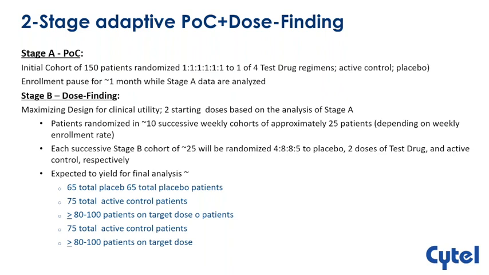And then the enrollment was paused for a month while we analyzed that stage 1 data. And then the second stage was the maximizing design. There were 10 successive weekly cohorts of approximately 25 patients planned, and that depended on a weekly enrollment rate.